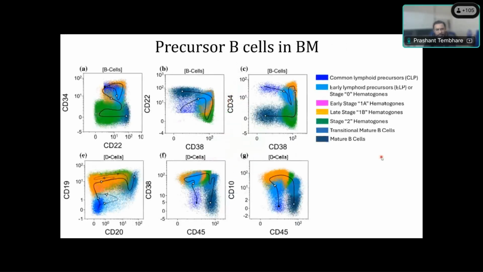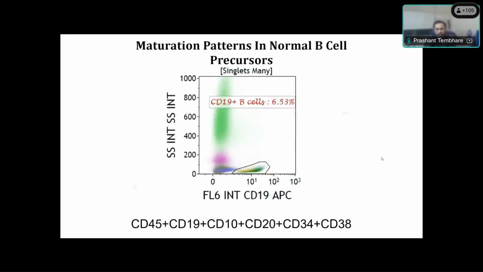Now, you have to remember that although CD19 comes at stage 1 of the B cell precursor, we know there are 2 more stages even before CD19. Traditionally we call CD19 positive precursors stage 1.